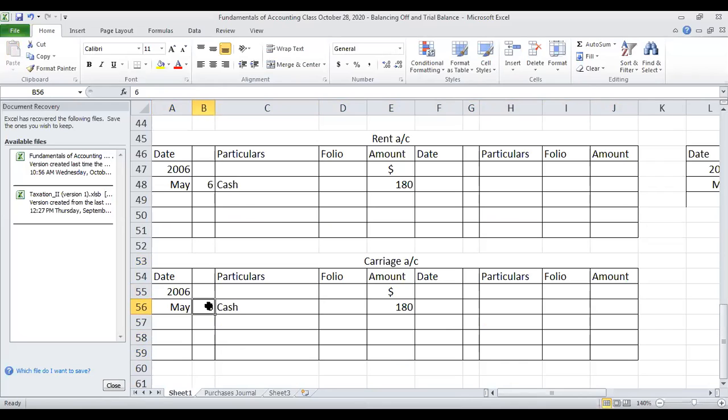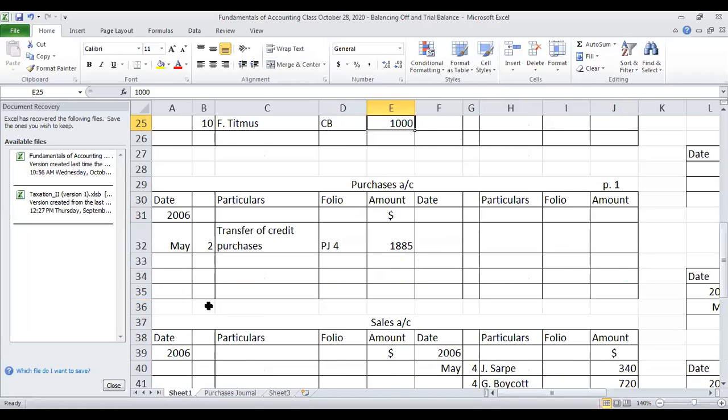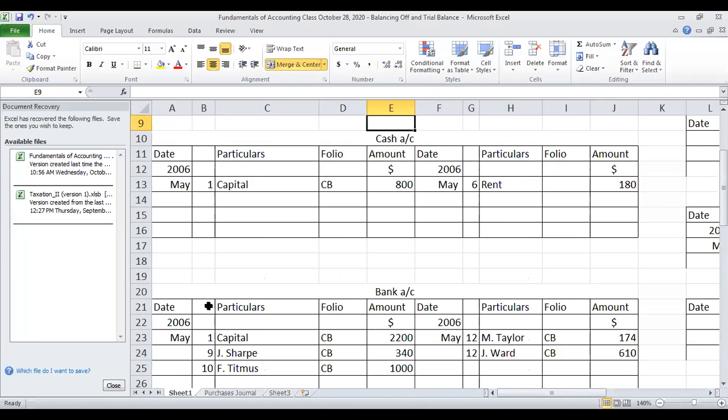May 15, still cash, and the amount is $38. And then you're going to credit cash now. Credit cash. So we have May 15, and carriage. And the amount is 38.